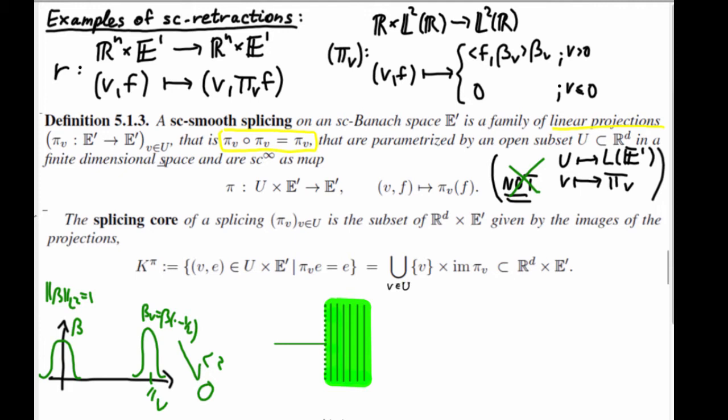You could even just take the Banach space E0 here, so that would just be linear operators on L2 by themselves. So what I want to say is that this map from R times L2 to L2 will be continuous, and in fact scale smooth. As a map to bounded linear operators on L2, it is not continuous.